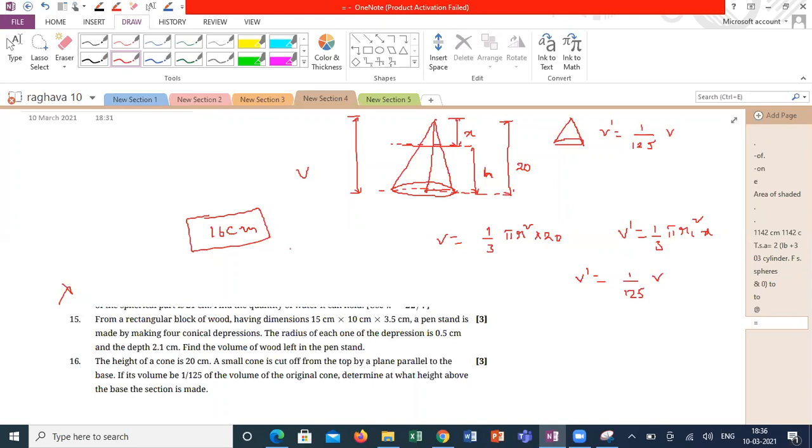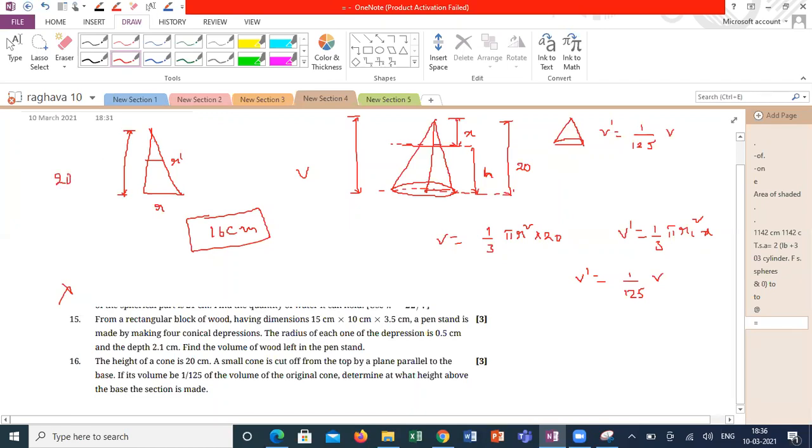What is the relation between small r and capital R, and h and x? This is a relation you have to take to eliminate the r values. This is r dash, this is r, this total height is 20, and this is x.